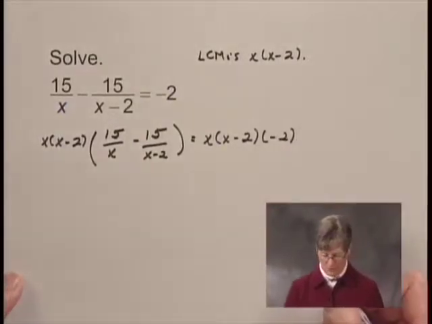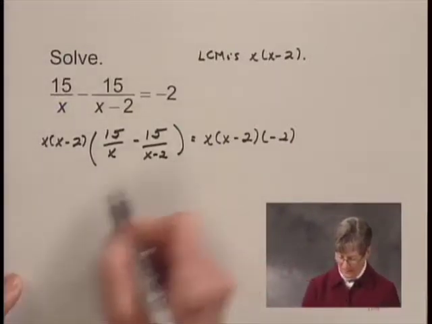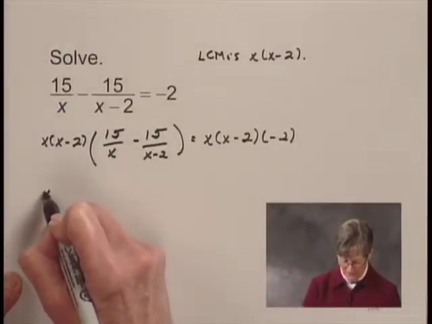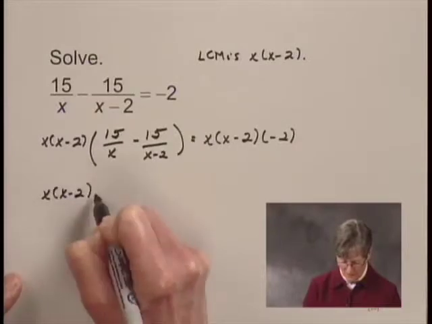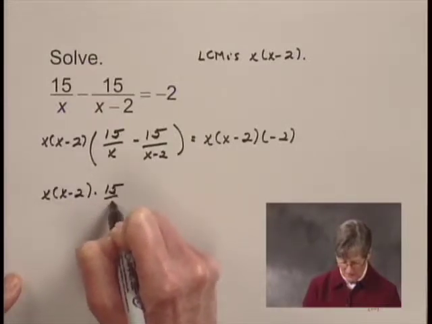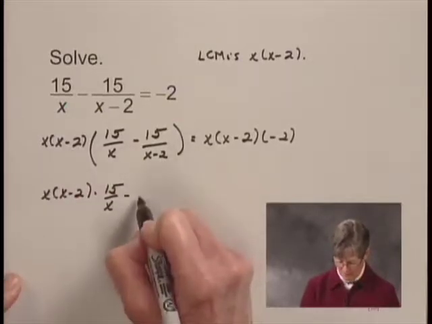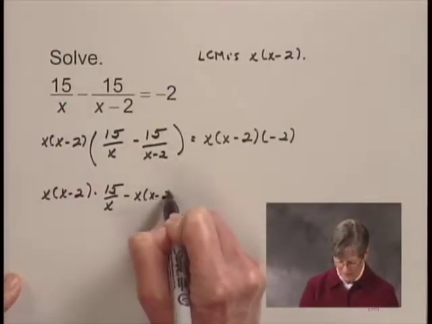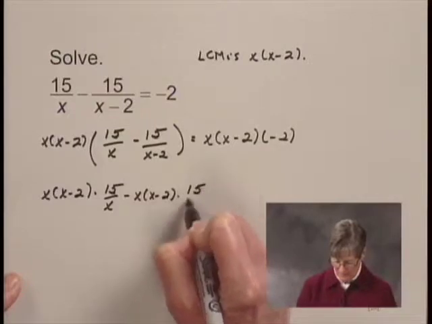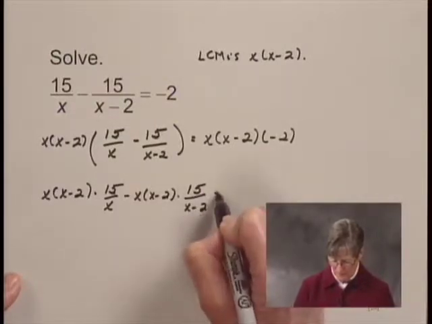Now on the left-hand side, removing parentheses, I have x times x minus 2 times 15 over x minus x times x minus 2 times 15 over x minus 2.